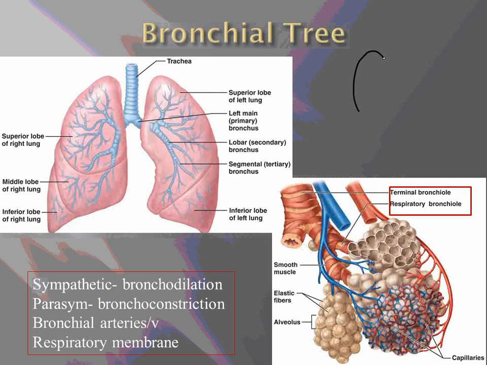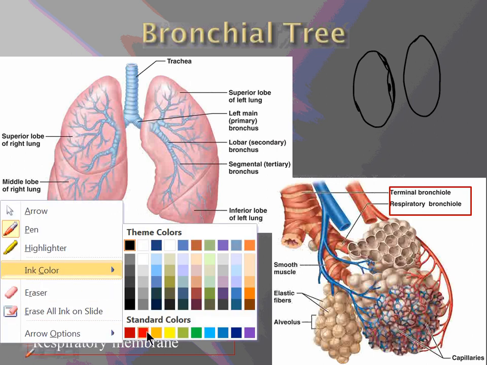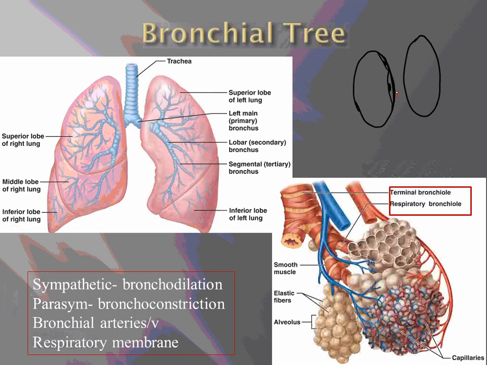So let's look at what will form the respiratory membrane. Imagine this is an alveolus, and let's say here's another alveolus. And this is the squamous epithelium, the type 1 cells, if you remember, right? Here, and this is its basement membrane. And let's say here is a capillary. So this is the basement membrane of the capillary, and this is the endothelium of the capillary.